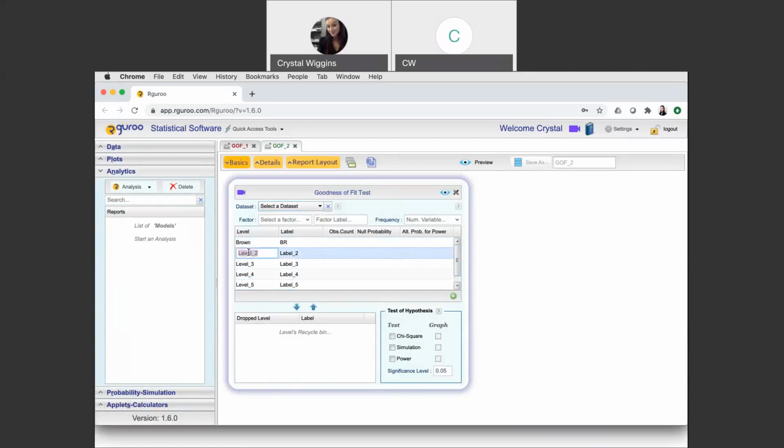The second one is yellow. We have red. We have blue. And we have orange. Oh, wait, we have more. Orange and green.